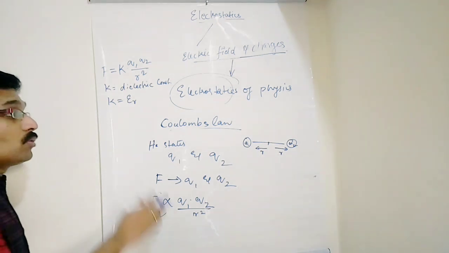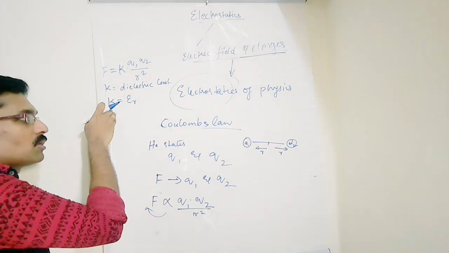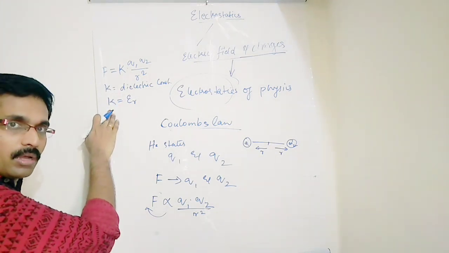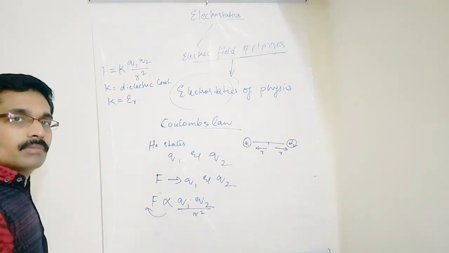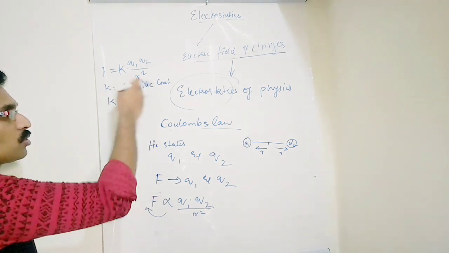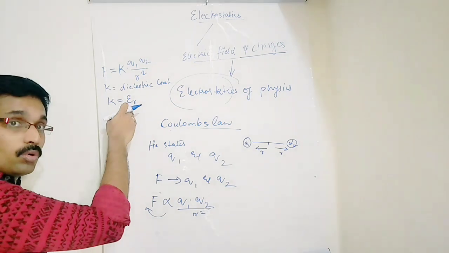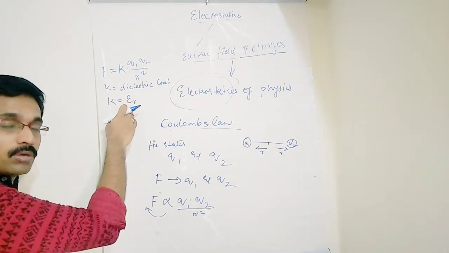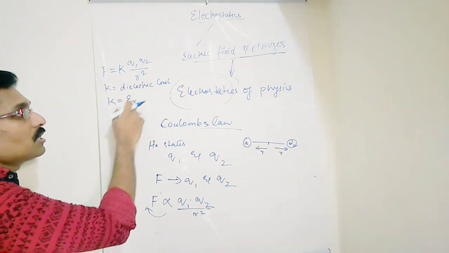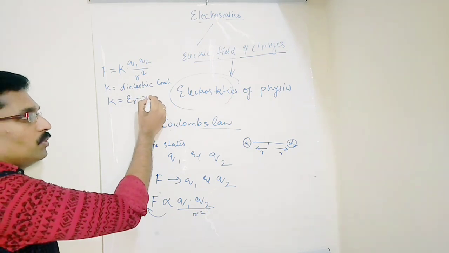So please do remember, don't get confused. The constant which we are using in Coulomb's law is the letter K, and K is known as a dielectric constant, or else it is also termed as epsilon r, and epsilon r means relative permittivity.